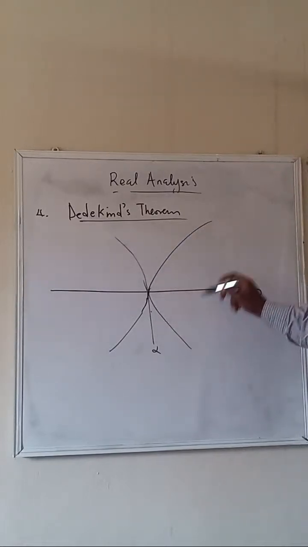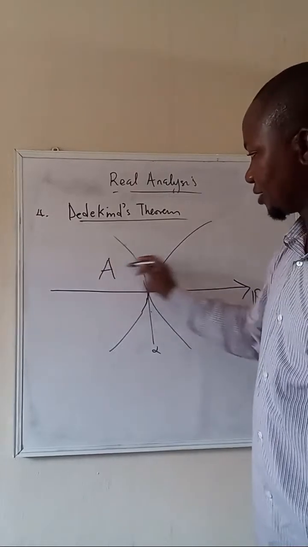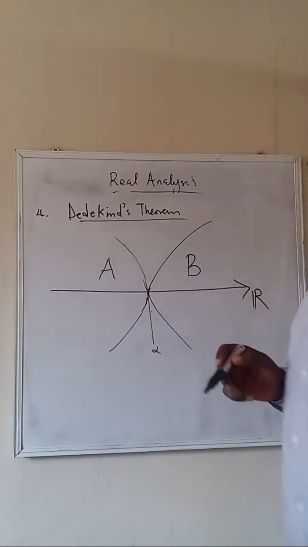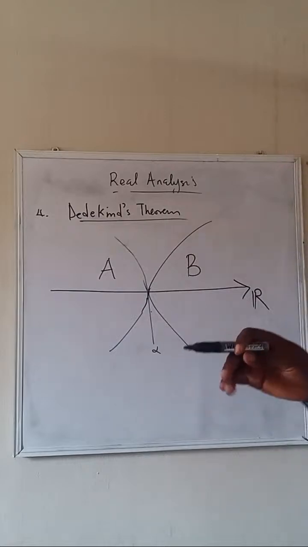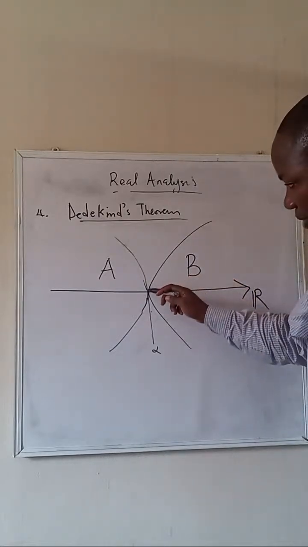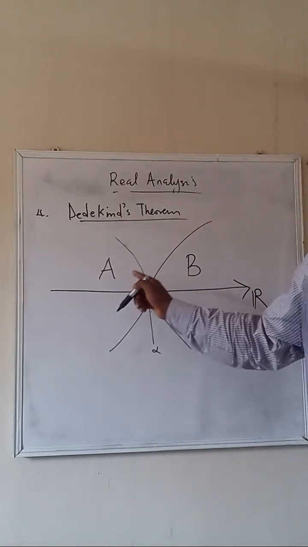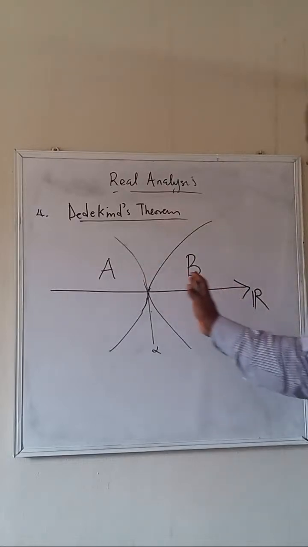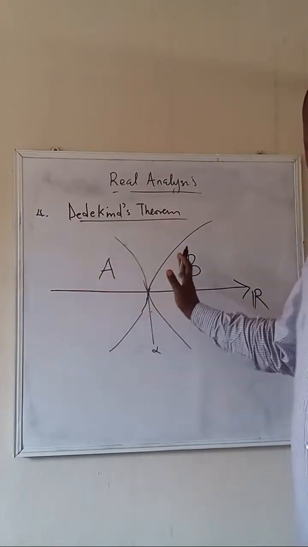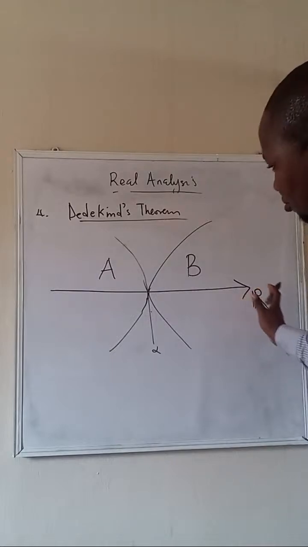From here to here we are calling this part A, and this part B. There is a number at the middle that breaks the line into 2, such that one part is A and the other part is B.